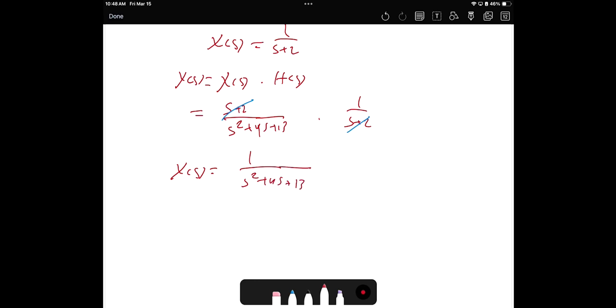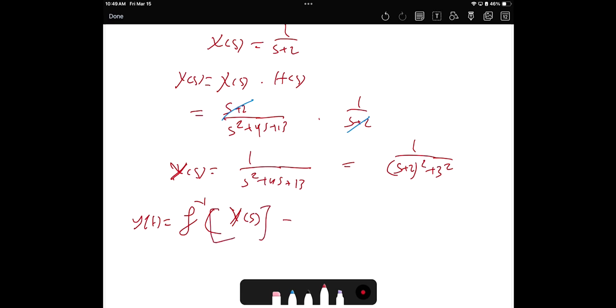Then we need to find the Laplace inverse. We can do it like the other method by saying it will be 1 over s plus 2 squared plus 3 squared. Then y of t, which is the Laplace inverse of y of s, is equivalent to the sine, so it will be 1/3 e to the negative 2t sine 3t u of t.